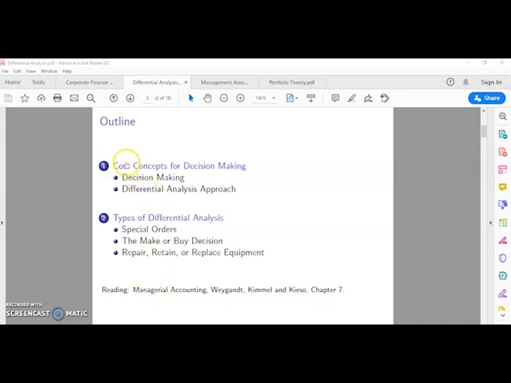So in this chapter we will cover the following items. First item that we will discuss is about the cost concepts for decision making.